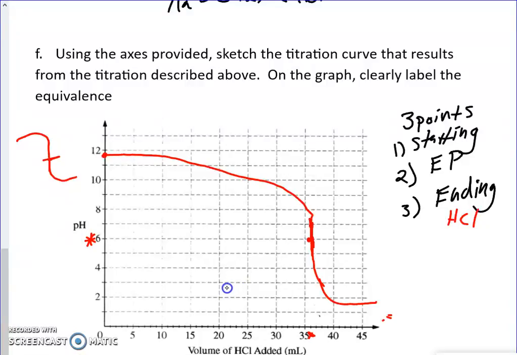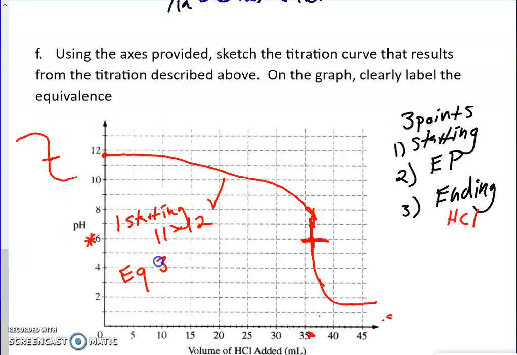Okay, and that's it. Just so you're aware, on the College Board answer key, and you can look this up for yourself too, they looked for 3 points. You got 1 point for starting between 11 and 12 at your pH. Check. You got a second point for your equivalence point being shown, about the middle of that straight line, so right about here.